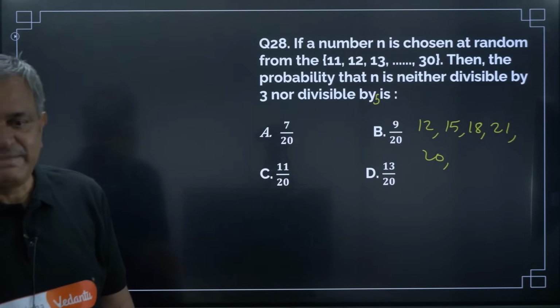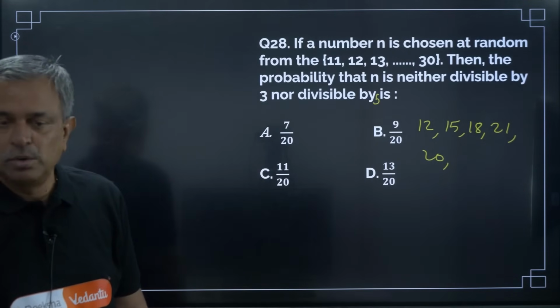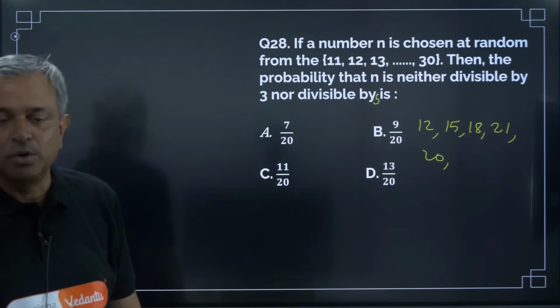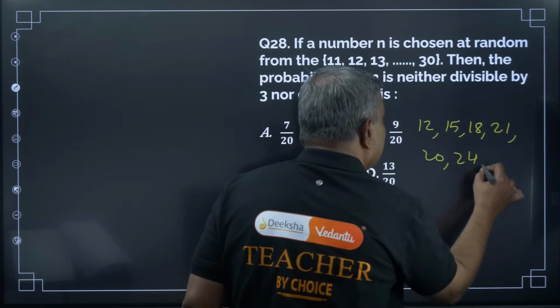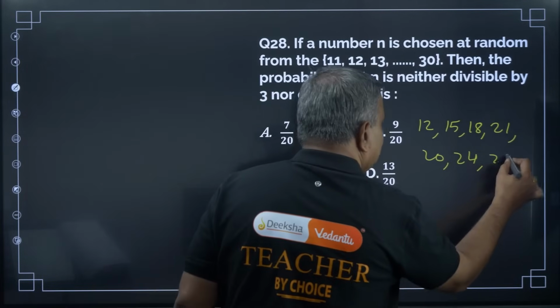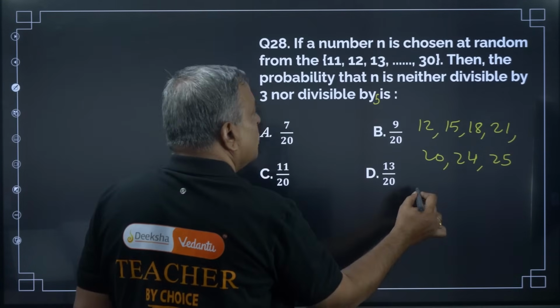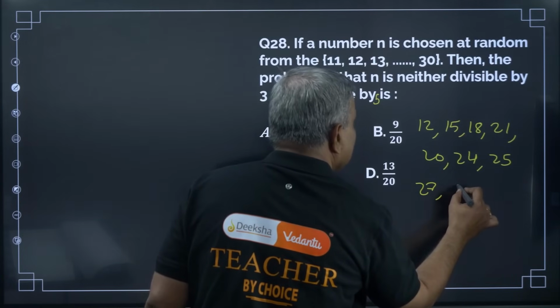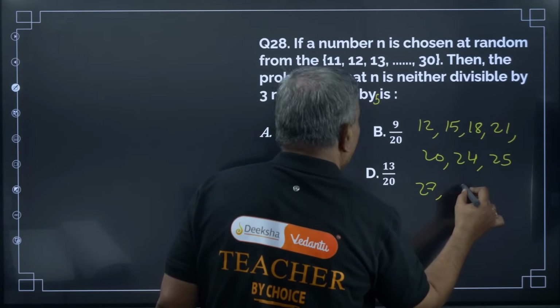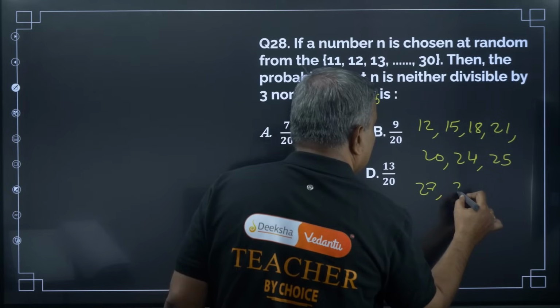Next, 21 is already done, 22 no, 23 no, 24 is divisible by 3, 24 will come, 25 yes, 25 will come, 26 no, 27 yes, 27 will come, 28 no, 29 also not there.